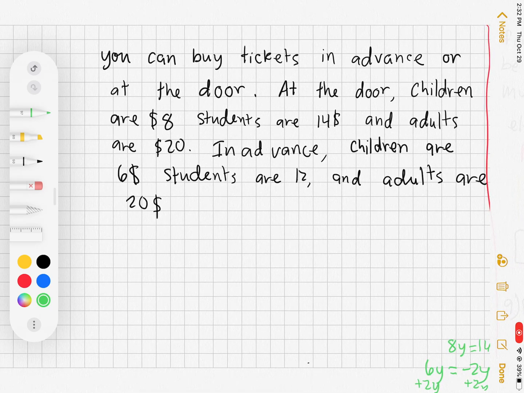All right, we'll do just one more example problem from your homework. This is number 13. You can buy tickets in advance or at the door. At the door, okay, we're going to pause right there really quick. So how many rows are we expecting? Well, we have one row here, the in advance row.